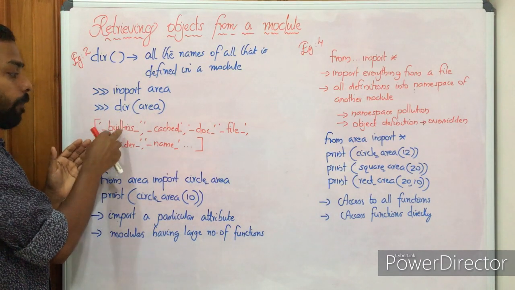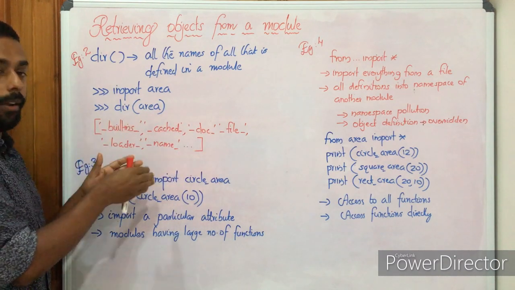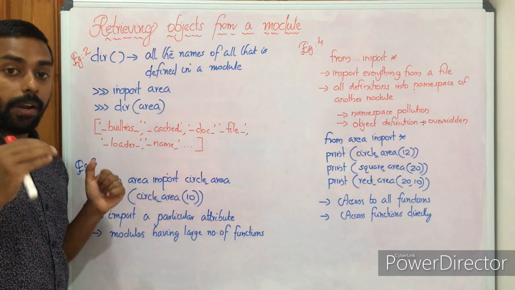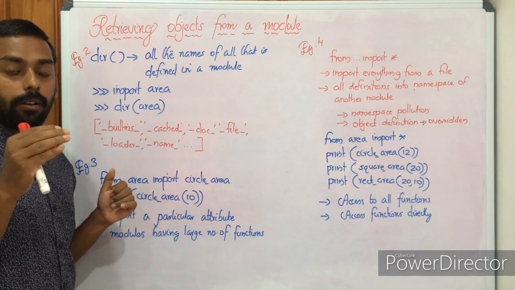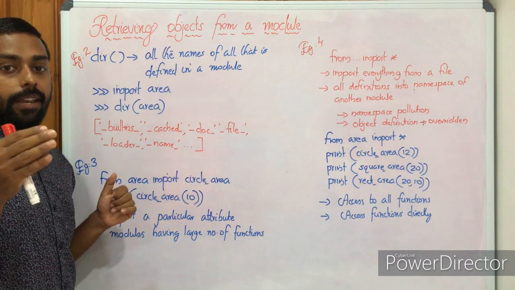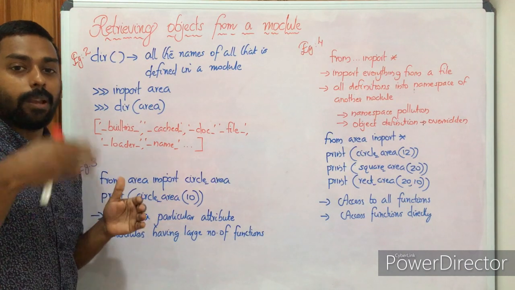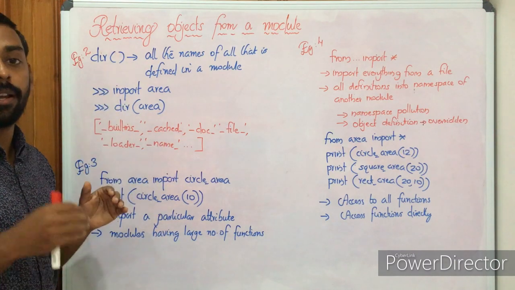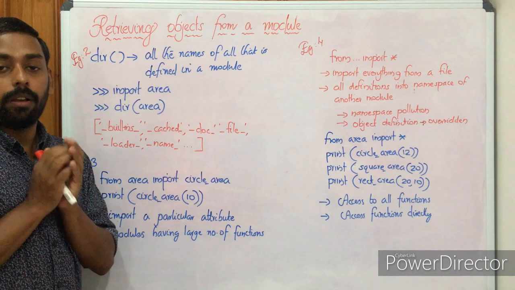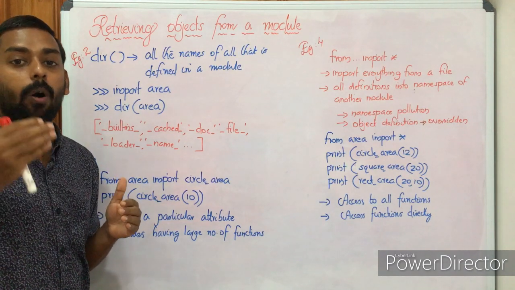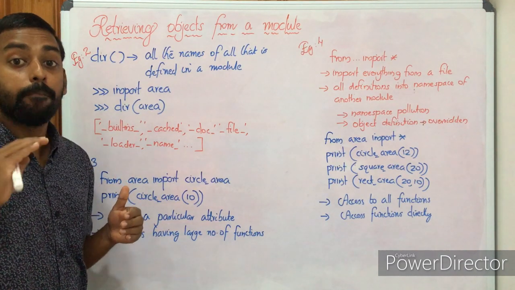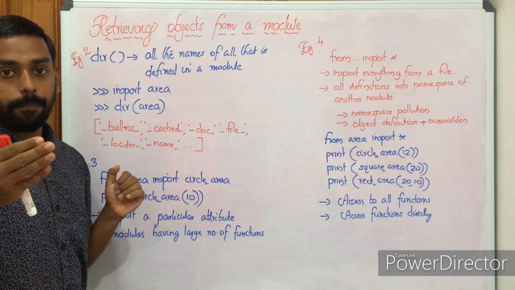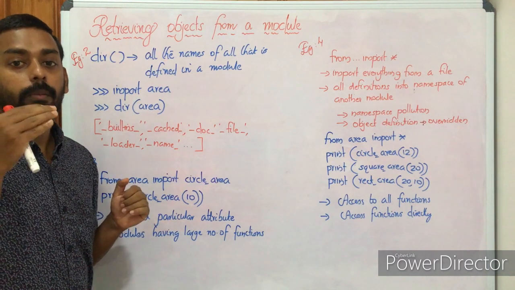It prints built-ins, cache, doc, file, loader, name, and a number of other objects as well, like the functions defined there: square area, rect area, circle area, and some more names. So this is how we can retrieve objects from a file. Retrieving objects from a file means listing all the names defined inside a module. File here means module.